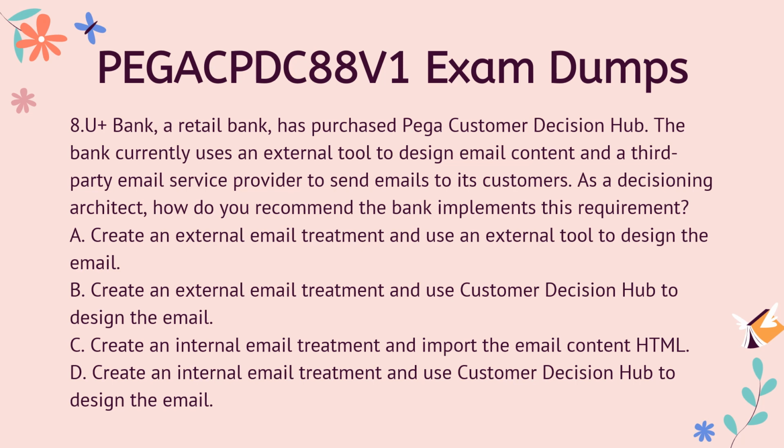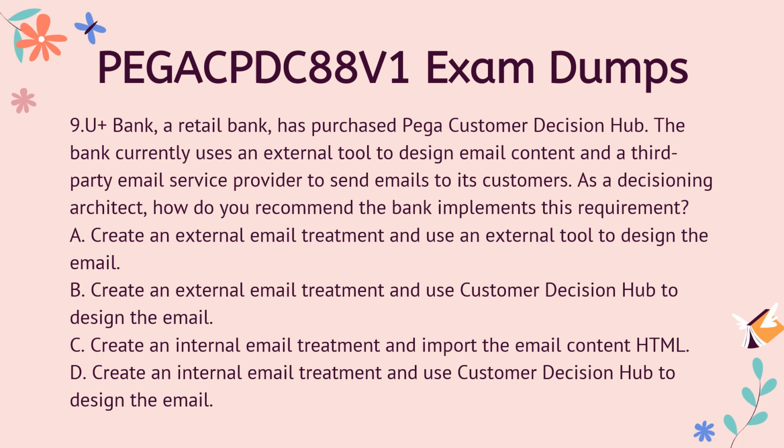A. Create an external email treatment and use an external tool to design the email. B. Create an external email treatment and use Customer Decision Hub to design the email. C. Create an internal email treatment and import the email content HTML. D. Create an internal email treatment and use Customer Decision Hub to design the email.